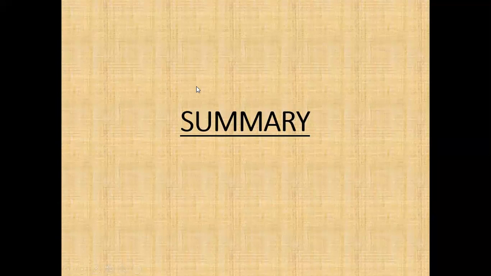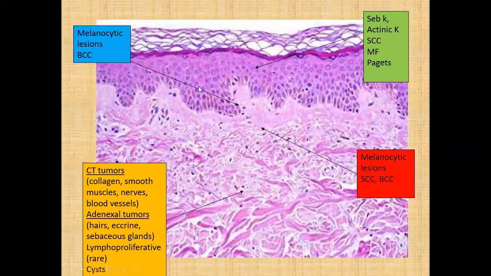So we have discussed the tumors in accordance with their specific location. So this algorithm will be helpful for you so that you will not miss any of the tumors if you see it in the exam or as a spotting or on a projection slide.